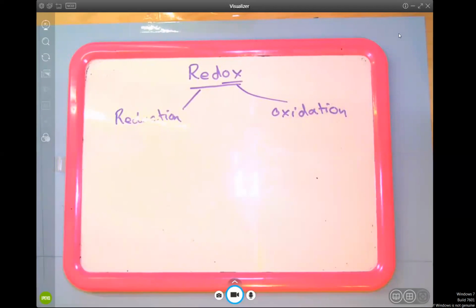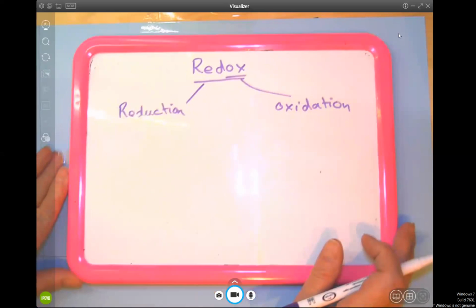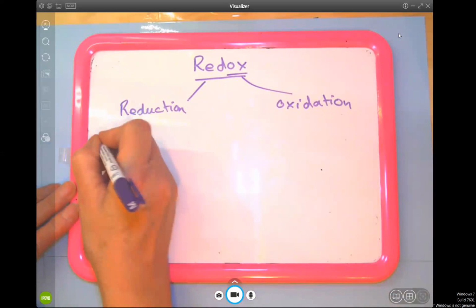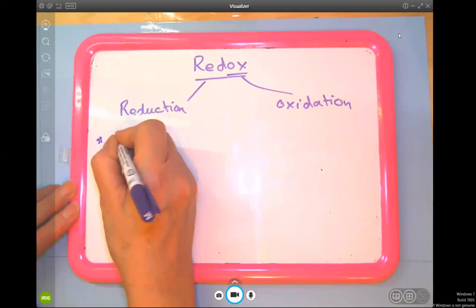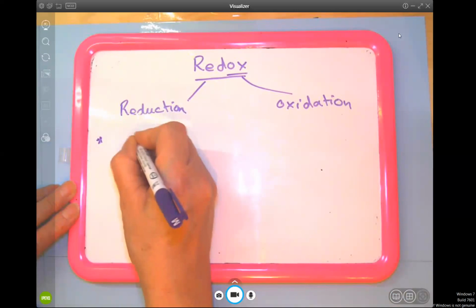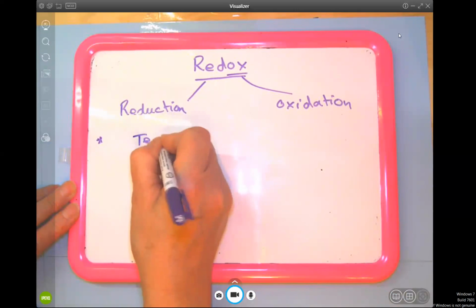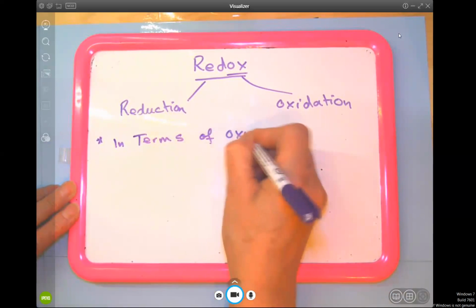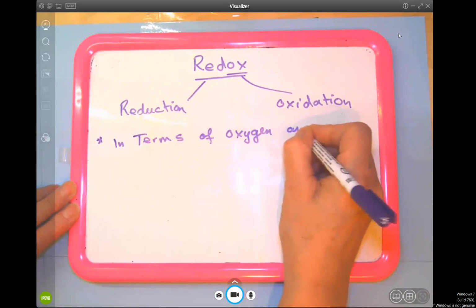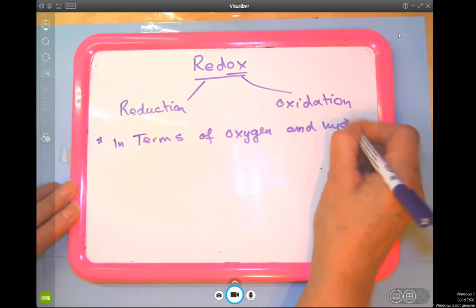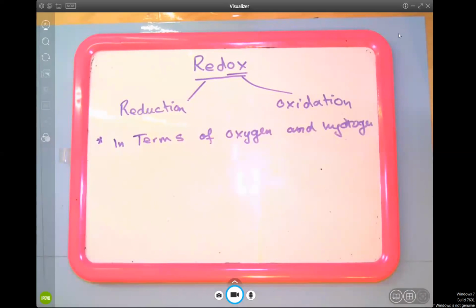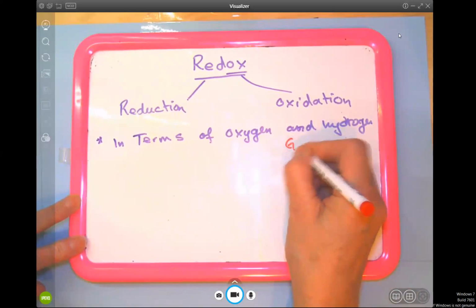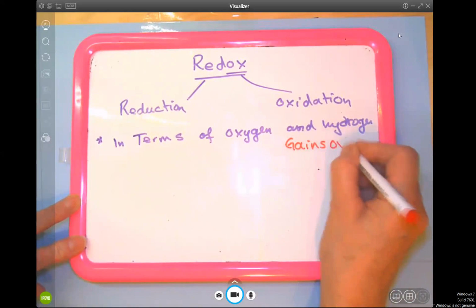So there's two ways to describe oxidation and reduction reactions, and the first one is in terms of oxygen and hydrogen. So if something gains oxygen, we call it oxidation.